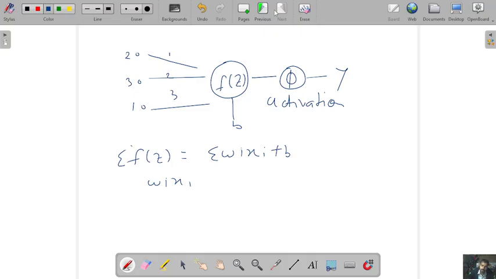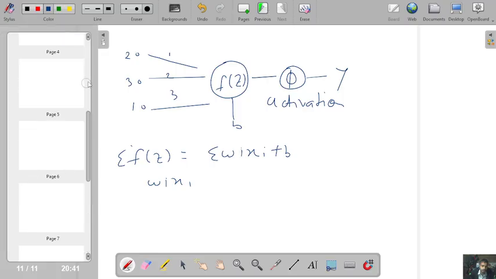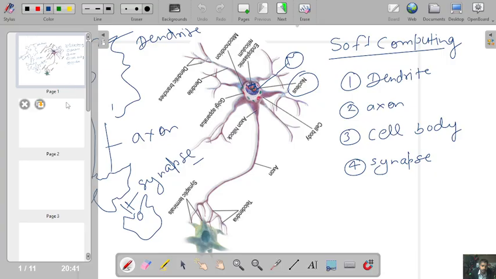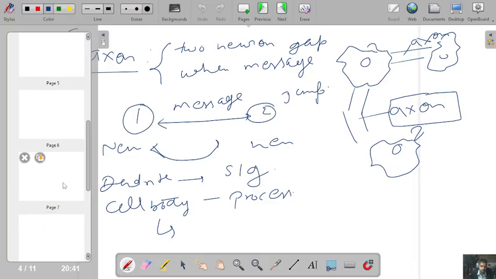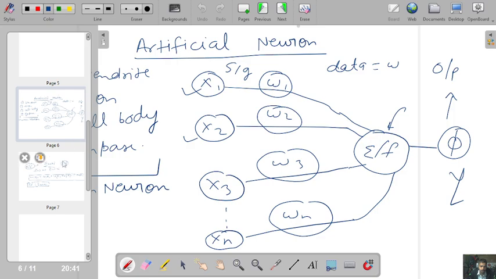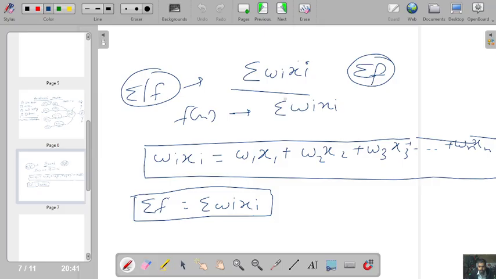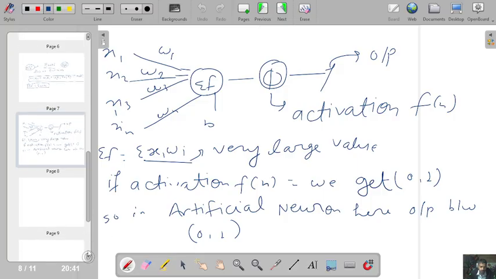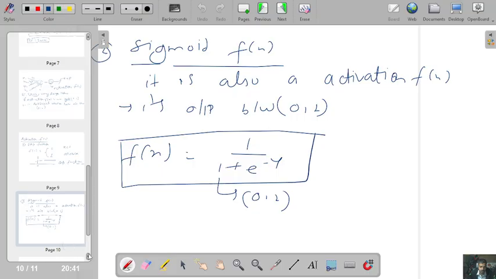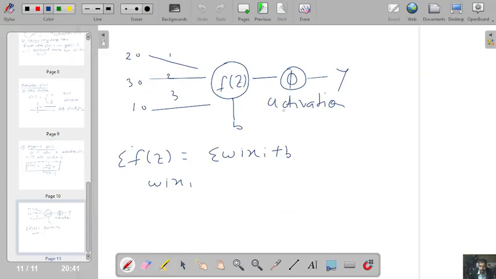Here b is the base. Okay, so if b equal to 0.2.